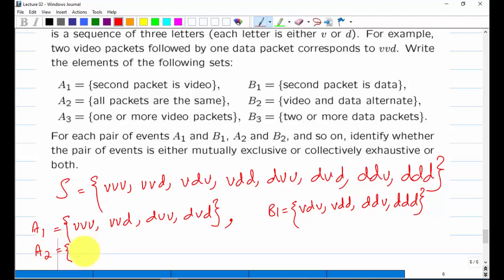So all packets are same are simply VVV and DDD. And B2 says that video and data alternate. Video and data alternate. So they will be VDV and DVD.